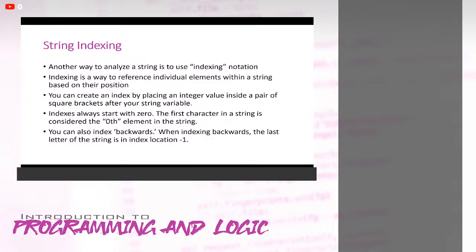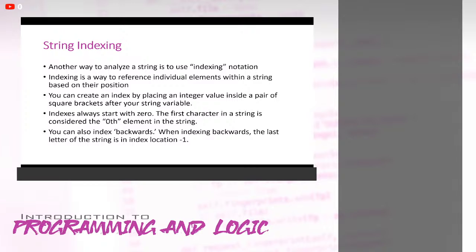So indexing is a way to reference individual elements within a string based on their position. So you can create an index by placing an integer value inside of a pair of square brackets after your string variable, just like we were doing there, right? Like we made our string variable, right? We called it string underscore variable.